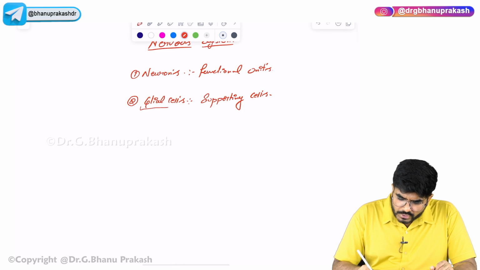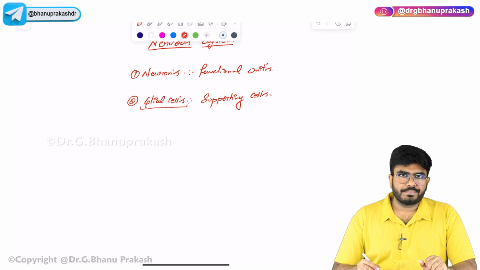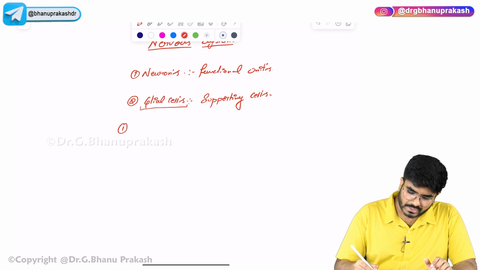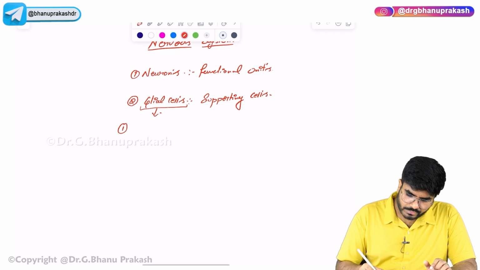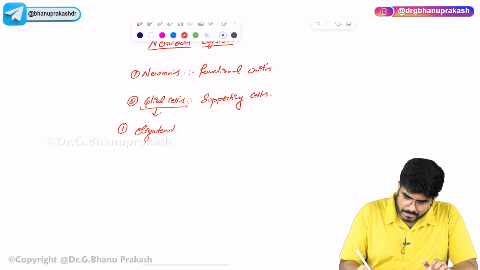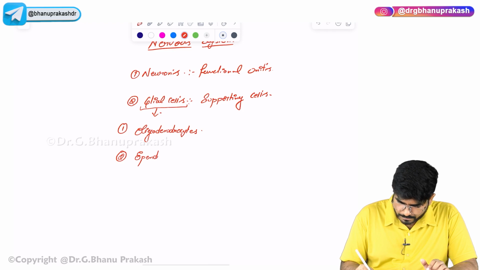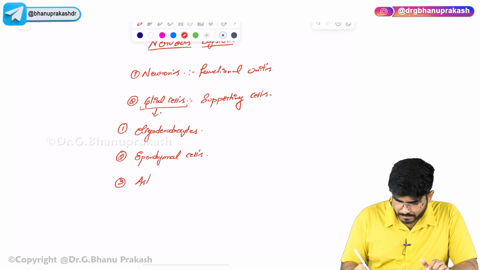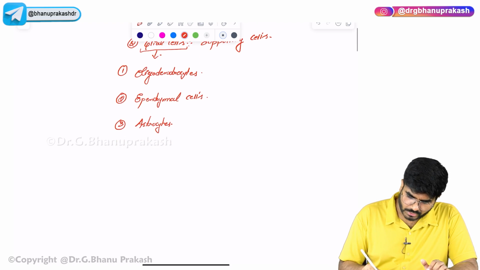Here what I want you to know in the pathology is there are different types of glial cells. What are the different types of glial cells? The glial cells include oligodendrocytes, second, ependymal cells, third, astrocytes, and microglia.